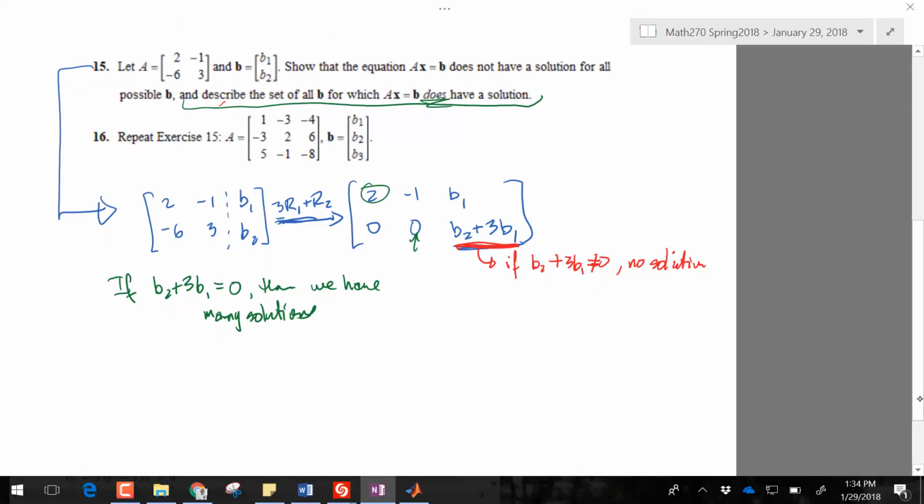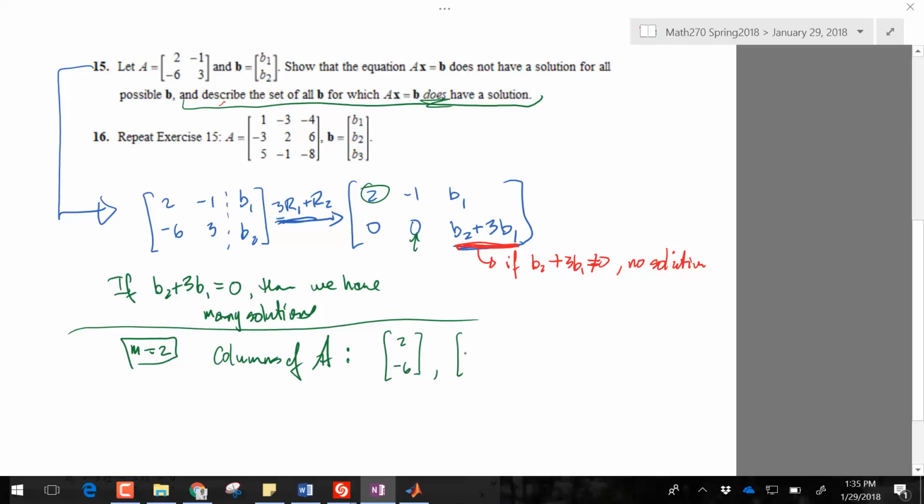So M is equal to 2. So the columns of A are 2, negative 6, and negative 1, 3.